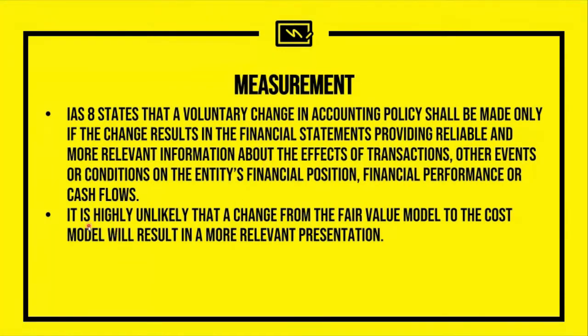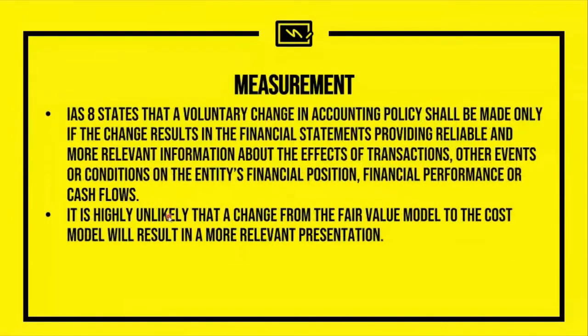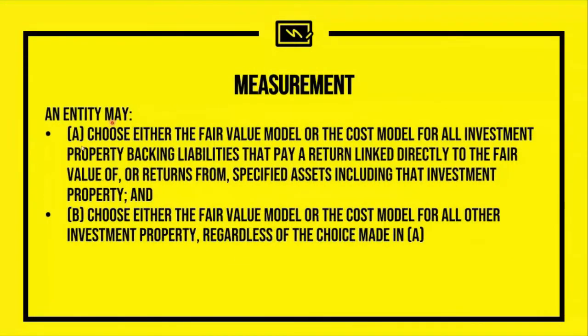And the standard stated, particularly IAS 8, that it is highly unlikely that a change from the fair value model to the cost model will result in a more reliable presentation. So what does this provision do, or how can this provision affect the accounting choice that we have here? Okay. So this particular provision in IAS 8 will affect our choice here.